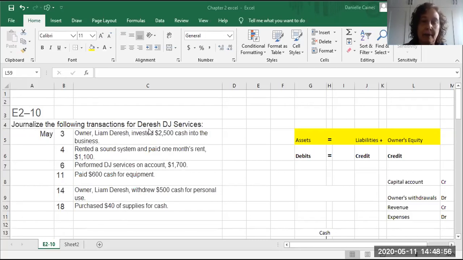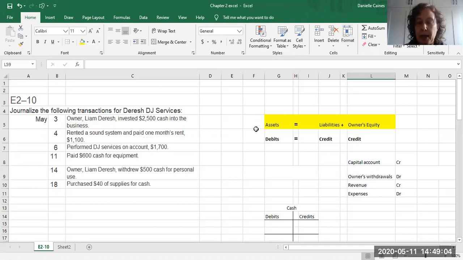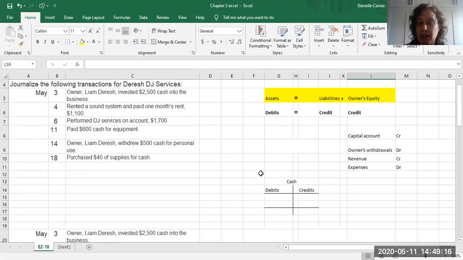Remember, let's go over the basic accounting equation. Assets equals liabilities plus owner's equity. We have to always make sure that our assets are equal to our liabilities and our owner's equity, and that our debits equal our credits. As you can recall from T accounts, debits go on the left, credits go on the right.